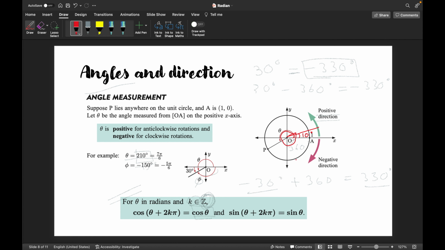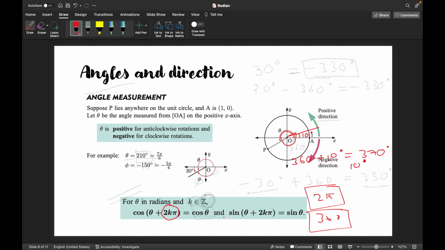But you have gone around 360 plus 10 degrees, which is 370, but it is also 10 degrees. Is that clear? I hope it makes sense. So this will basically be a multiple of either 2 pi or 360 degrees.